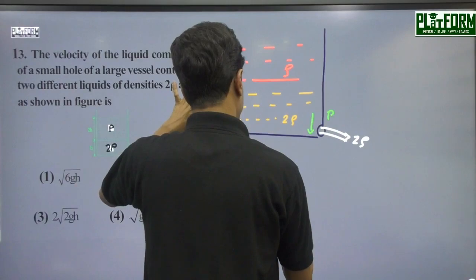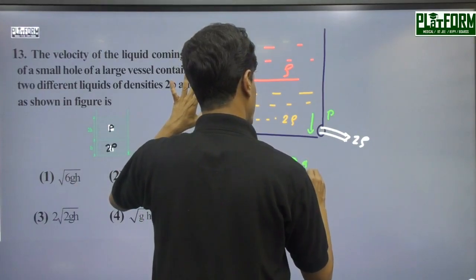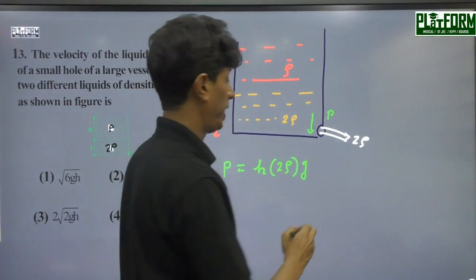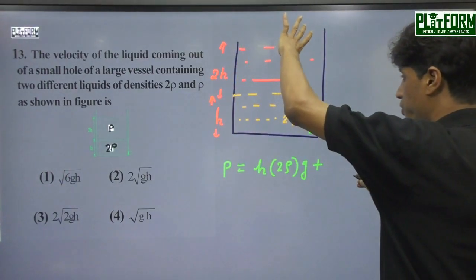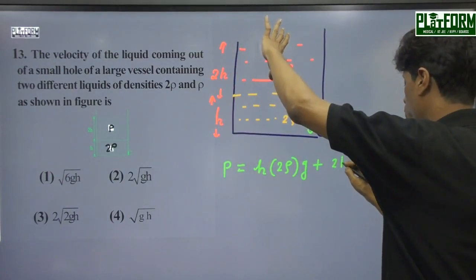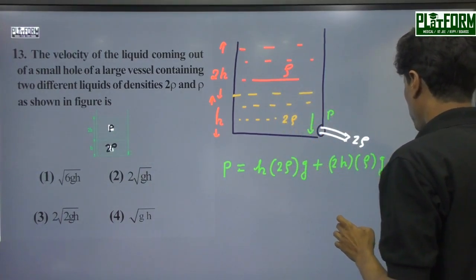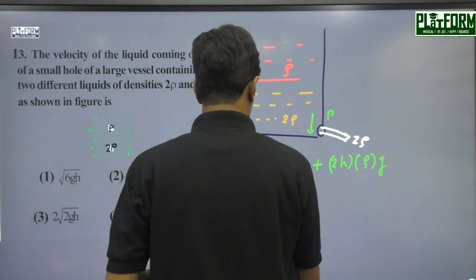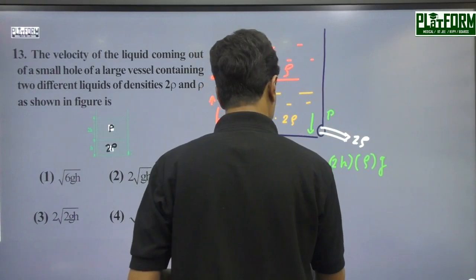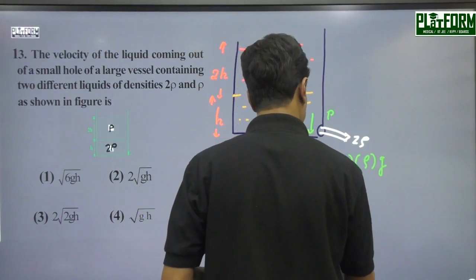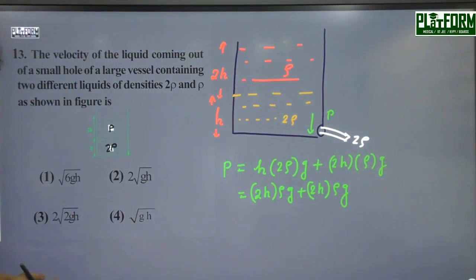Height of the liquid is h and density of the liquid is 2 rho, so pressure is h 2 rho g because of the liquid of density 2 rho, and similarly pressure because of the liquid of density rho, height is given here 2h, and density rho into g.